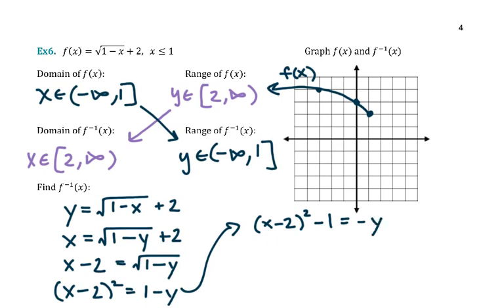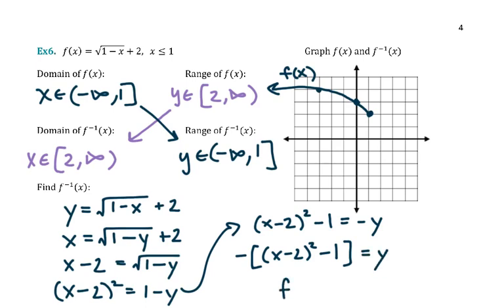And then I will divide by negative 1 or multiply by negative 1 on both sides of the equation. And I have negative the quantity x minus 2 squared minus 1 equals y.